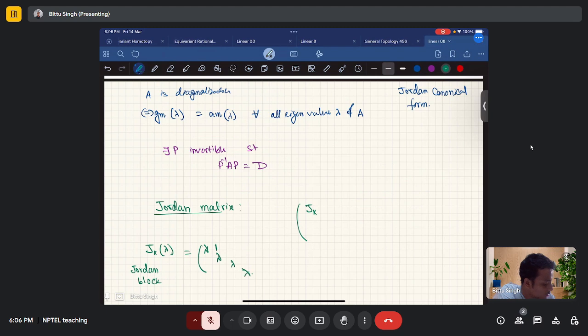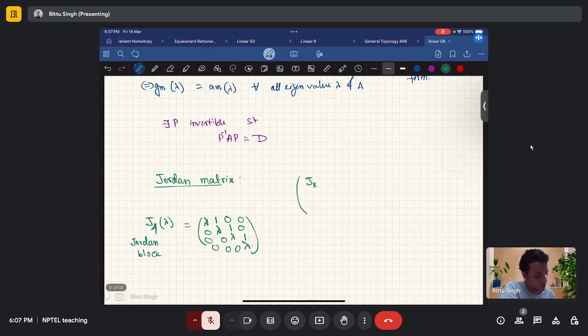For example, J4 of lambda: there will be four lambdas, above those lambdas there will be ones, and all other entries are zero. We always skip those zeros and write only the diagonal and non-zero entries.